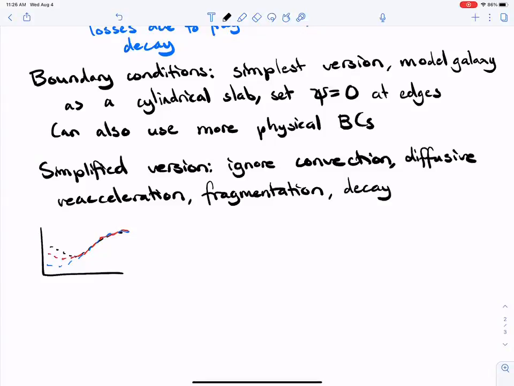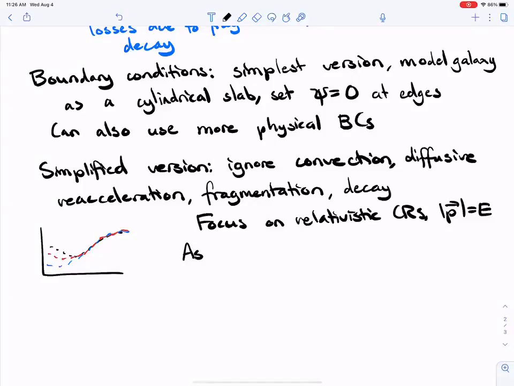So, let's look at our simplified version. I'm going to ignore all those terms and focus on relativistic CRs. So I'm just going to set p equals E. I'm going to largely ignore the masses of my cosmic rays in this calculation.